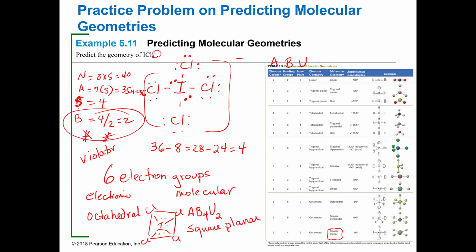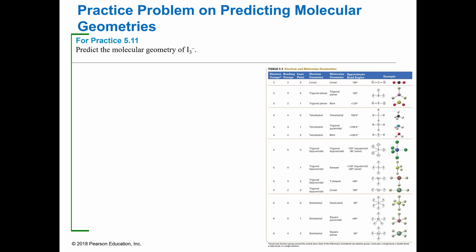If both of those lone pairs were on one side, it would squash that and push it so that it would be in a different shape. So by knowing that it's square planar, which is a nice regular shape, right? Then I know that that is not a polar molecule. It's not a polar molecule because it is in the shape of a square. All right, and then you've got one I3 minus.